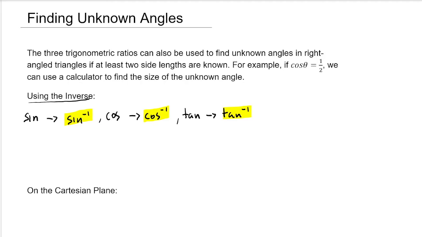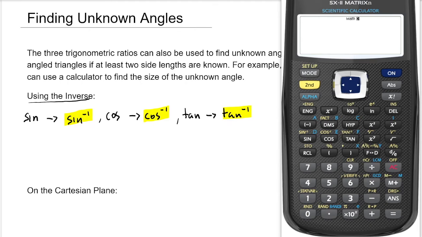When we're finding an angle, this is the one that we want to use in our calculator. If I bring up my calculator real quick, here is our sine, the cosine, and the tan. And just above you can see in yellow writing, tan to minus 1, cosine to minus 1, sine to minus 1.